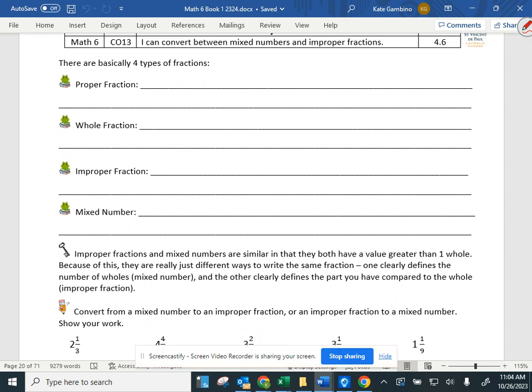So we need to know how to go back and forth between the improper and proper. So you're going to write CO13. If we want mixed number to improper, you're going to multiply the denominator by the whole number.